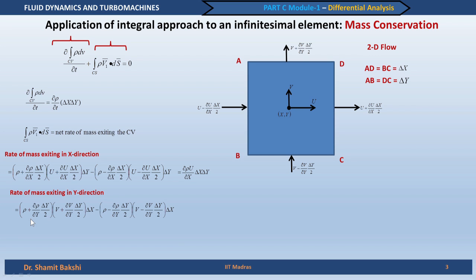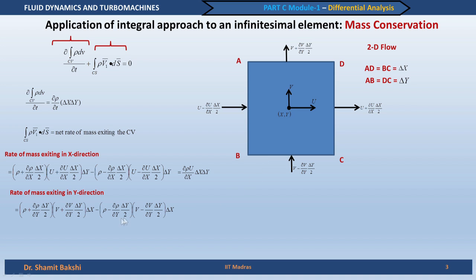So, we can write whatever mass is going out in the y direction from the surface AD, the velocity there is v plus del v by del y into delta y by 2, and the area is delta x now, because this is the area perpendicular to the v velocity. The area perpendicular to the v velocity in this control volume is basically delta x multiplied by 1.